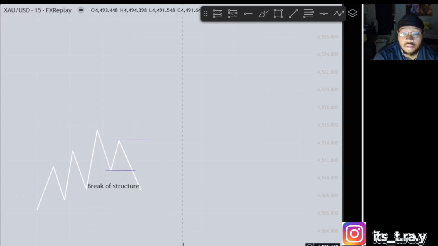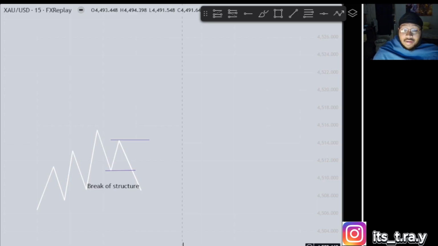So a break of structure, like how I told you, an uptrend is made of higher highs and higher lows consistently made. Well, a break of structure is basically when price is breaking that said structure. So instead of continuing with the higher highs and higher lows, price is now forming lower lows and lower highs.